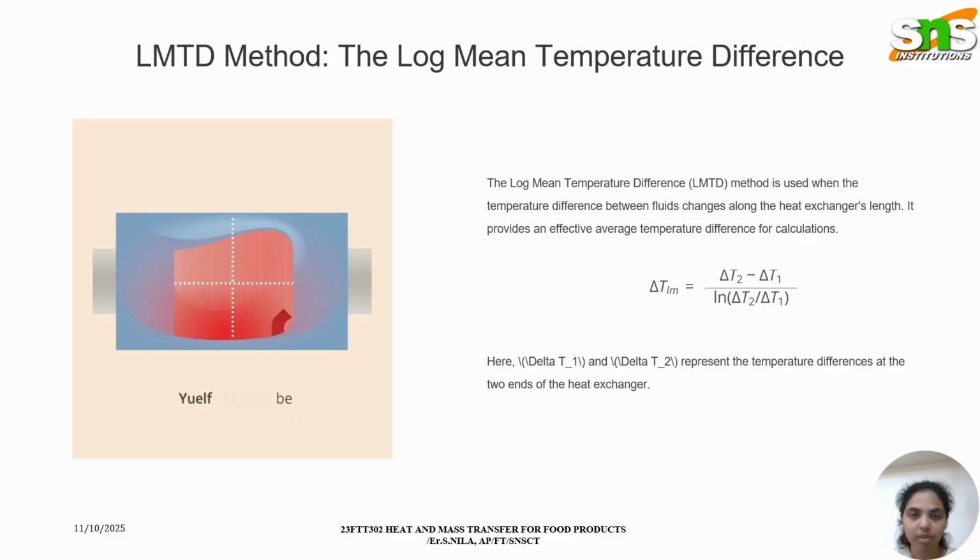The formula we use for LMTD calculation is delta T LM equals delta T2 minus delta T1 divided by ln of delta T2 divided by delta T1. Here delta T1 and delta T2 represent the temperature differences at the two ends of the heat exchanger.